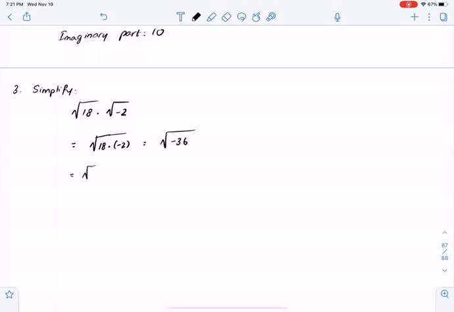Now I can split it up and write it as the square root of negative 1 times the square root of 36. And the square root of 36 is simply 6. So we will simply have i times 6 as the answer. So here we have 0 plus i times 6. The real part is 0 and the imaginary part is 6.